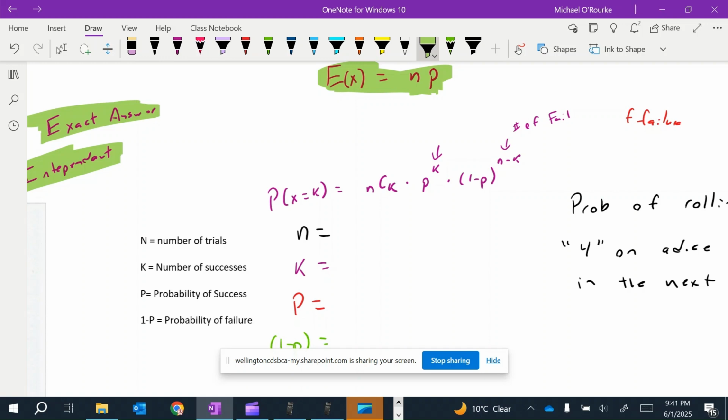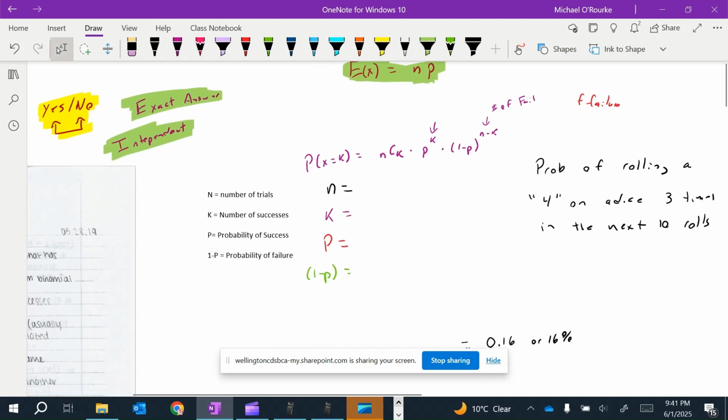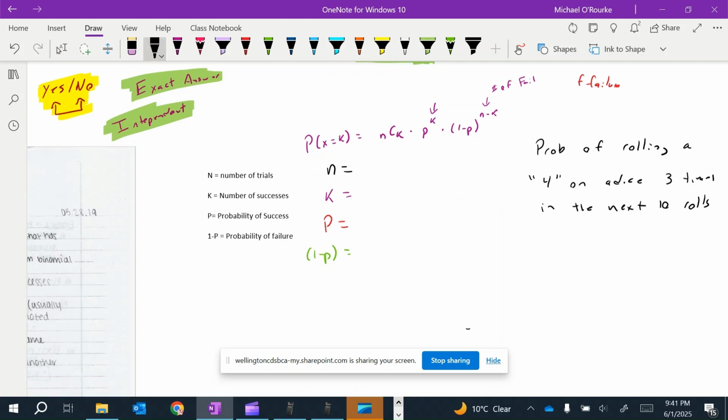Okay. So let's do a question here real quick. The probability of rolling a 4 on a dice 3 times in the next 10 rolls. So we're doing 10 rolls, so that's going to be my number of trials.